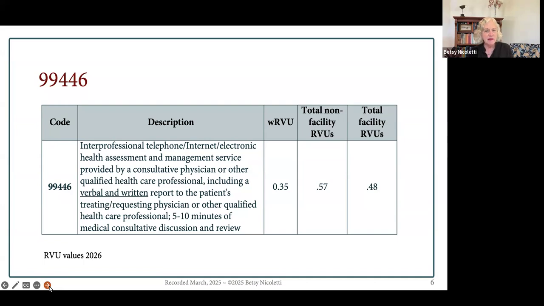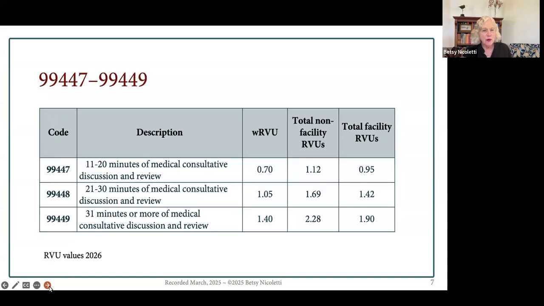And it's 5 to 10 minutes of medical consultative discussion and review. So verbal and written report is required, and it's a time-based service. So anytime we have a time-based service, we've got to make sure time is documented in the medical record, in the clinical note, not in the billing record somewhere. Time needs to be documented. So 5 to 10 minutes, verbal and written.